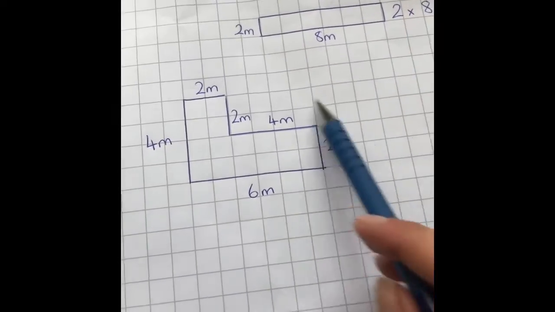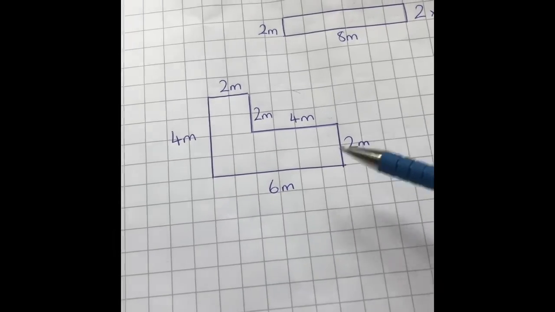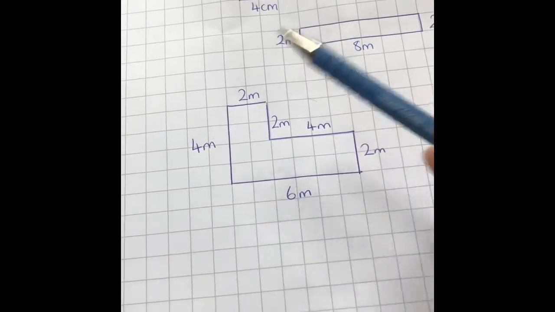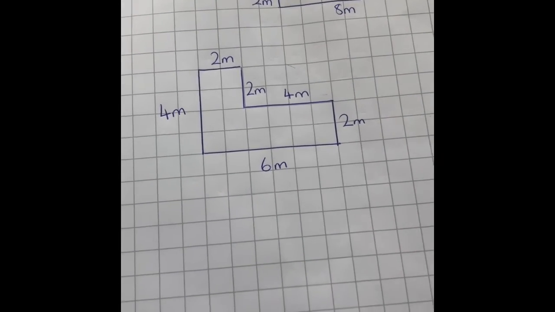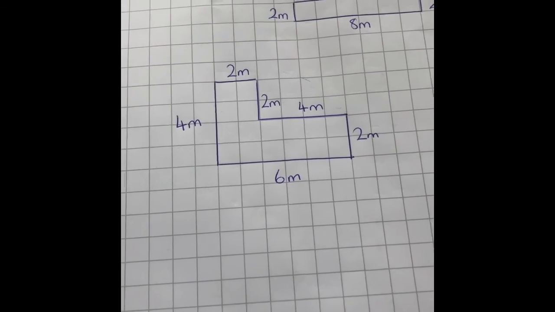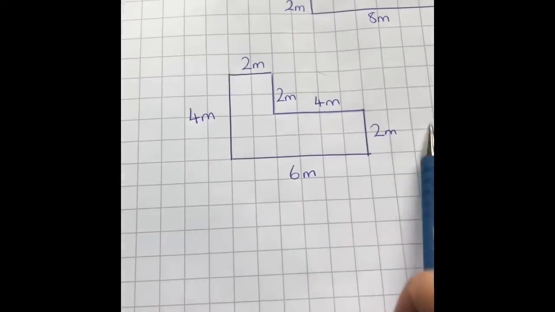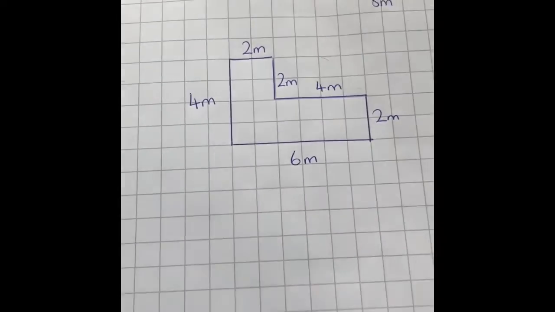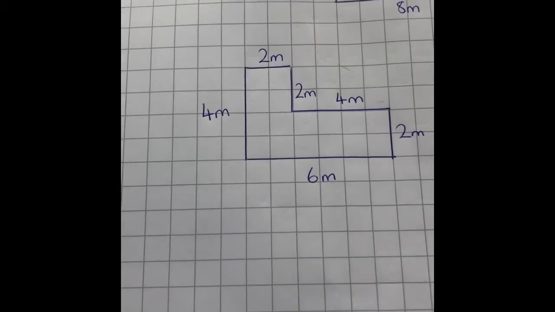Okay, so here is my rectilinear shape. You will notice it is rectangles and squares, or 2 rectangles joined together. Okay, that is what it is. So in order to work out the area of the whole rectilinear shape, we need to split it. Now, there are several ways you can split this.